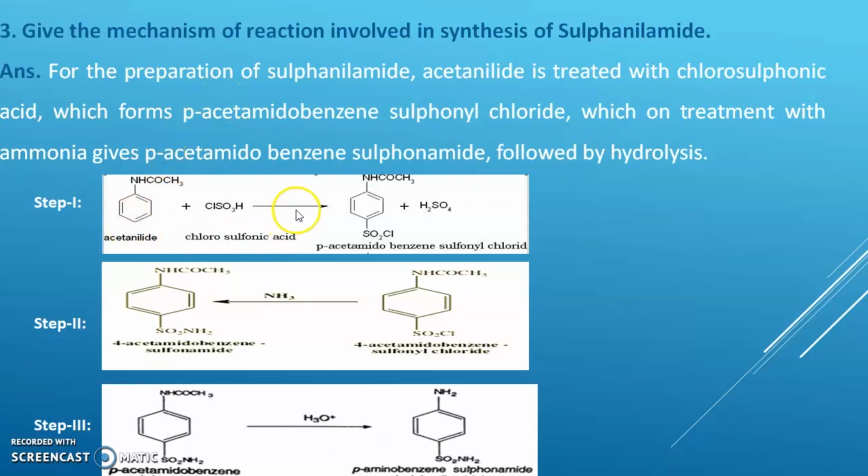Here you can explain the steps involved in the synthesis of sulfanilamide, that is, the mechanism involves a hydrolysis reaction. So this is the step 1, step 2 and step 3 reaction mechanism involved in this synthesis. You can explain this by using this reaction.